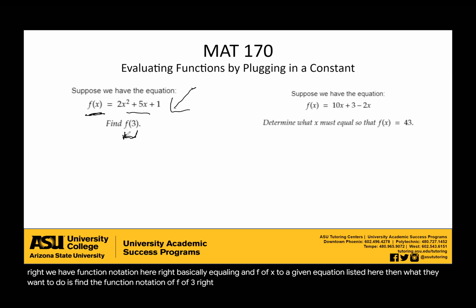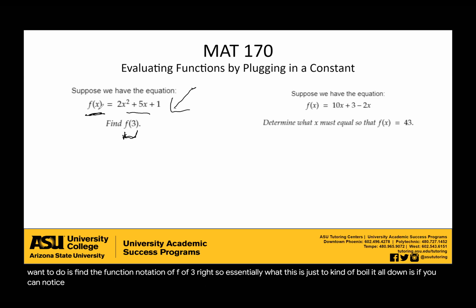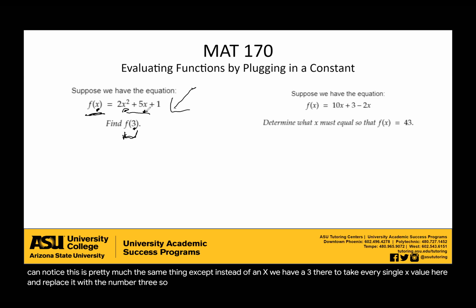To boil it all down, this is pretty much the same thing, except instead of an x, we have a 3 there. So we have to take every single x value here and replace it with the number 3. So we'll just rewrite it.